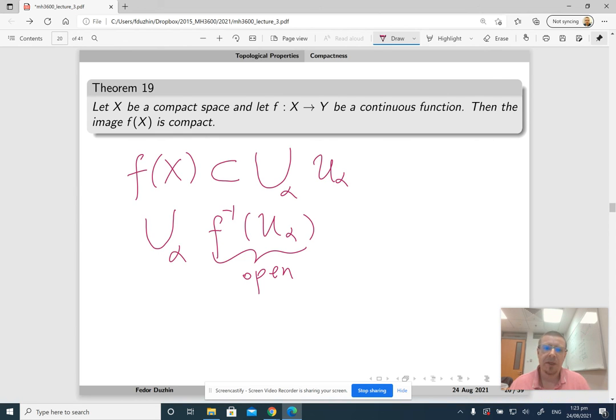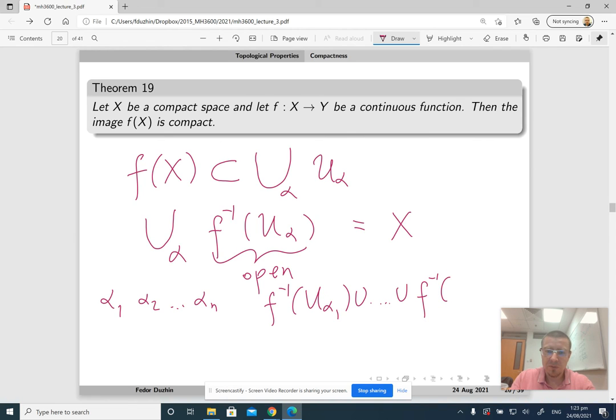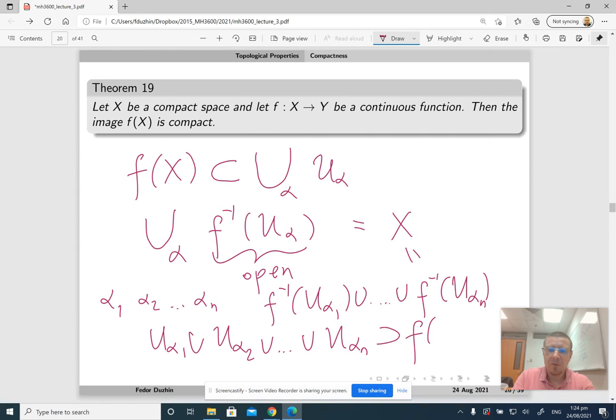On the other hand, since all the U alpha cover the image of f, their pre-images cover the entire X. Which means there exists a finite subcover in that open cover. So there exist finitely many alpha 1, alpha 2, and so on, alpha n, such that f inverse of U alpha 1 union and so on up to f inverse of U alpha n already covers X. But then going back to the image, the union of U alpha 1, U alpha 2, and so on, U alpha n covers f of X. Which means f of X is compact.